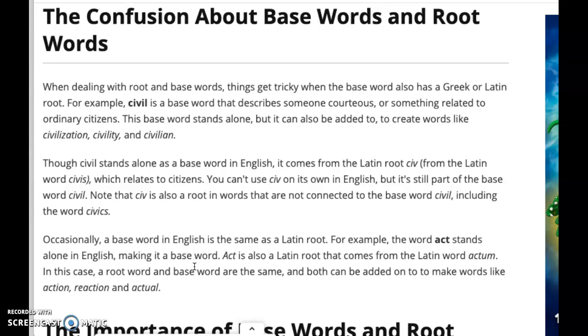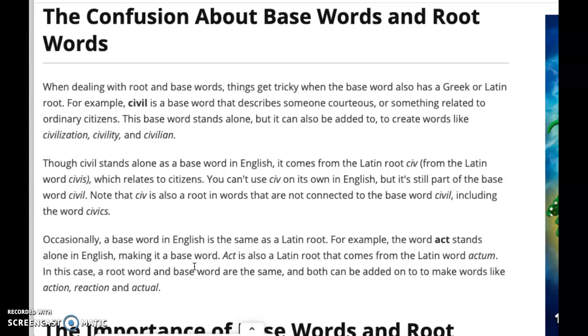When dealing with root and base words, things get tricky when the base word also has a Greek or Latin root. For example, civil is a base word that describes someone courteous or something related to ordinary citizens. This base word stands alone, but it can also be added to create words like civilization, civility, civilian.